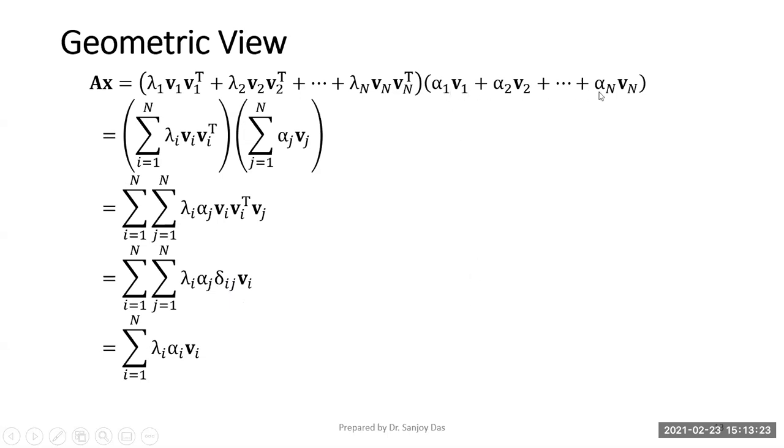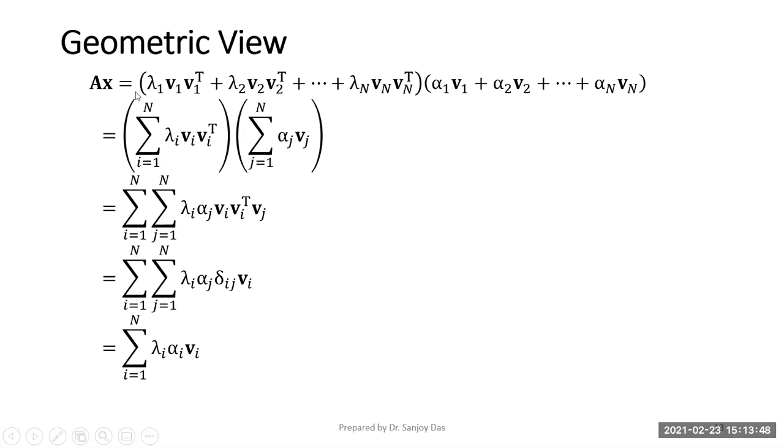X is a linear combination of the V's. The V's are the coordinates, right? And now the product Ax I have expressed as a linear combination of the same coordinates, the same basis vectors, Vi. What are the coefficients? Lambda i, alpha i.